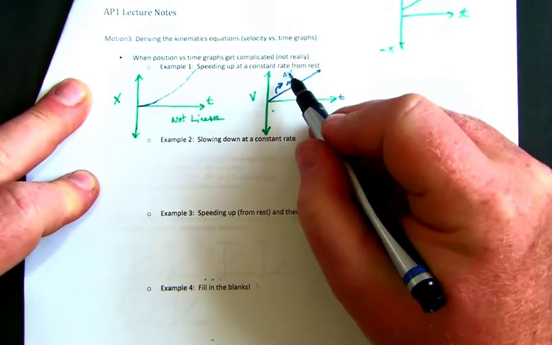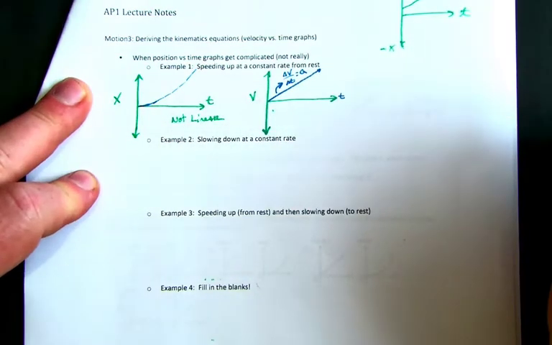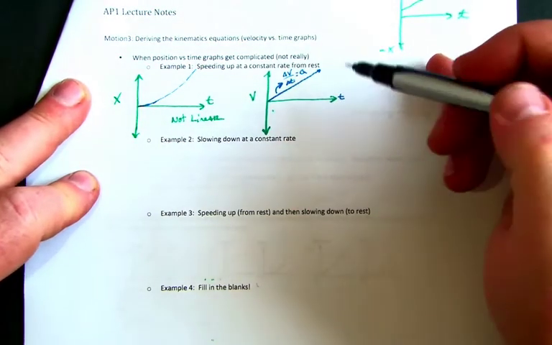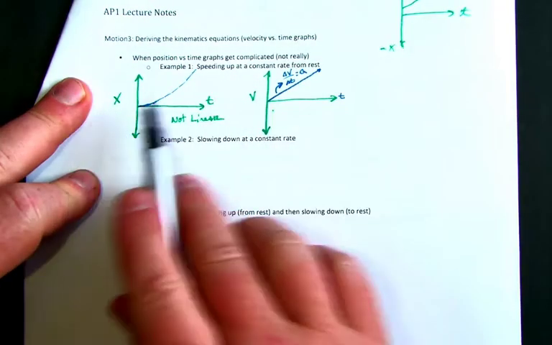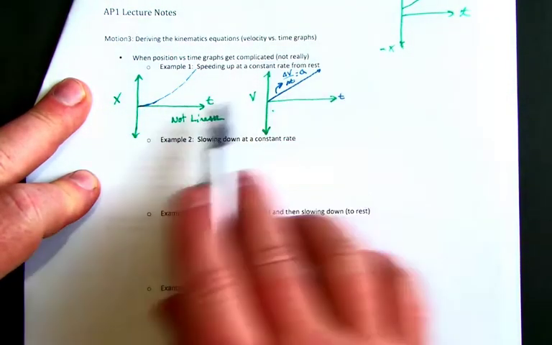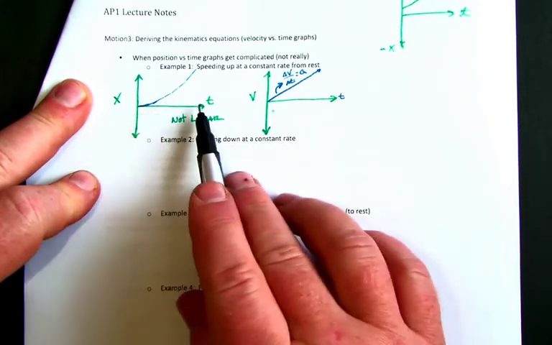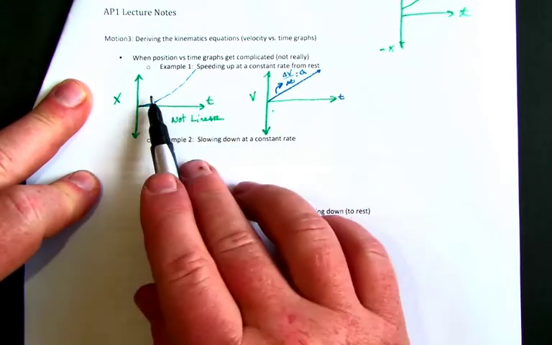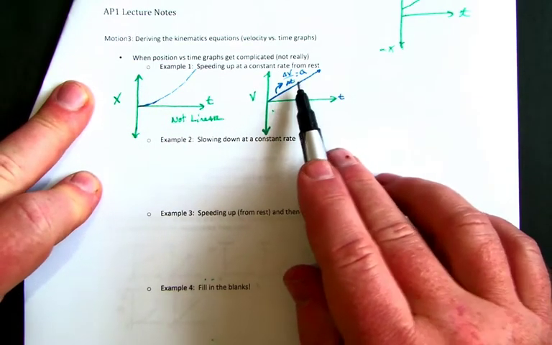So change in velocity over change in time, that is your acceleration. Okay? So you can see that so far we've talked about 3 different properties: displacement, velocity, and acceleration. And now you can see how they're all related. The slope of the position versus time, or displacement versus time graph, is velocity, and then the slope of your velocity versus time graph is your acceleration.